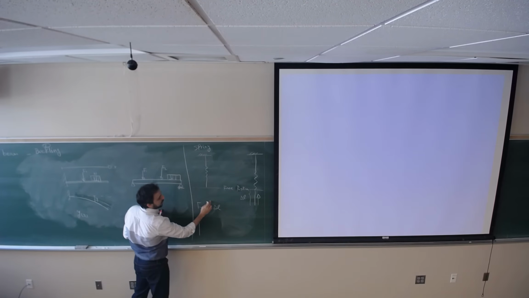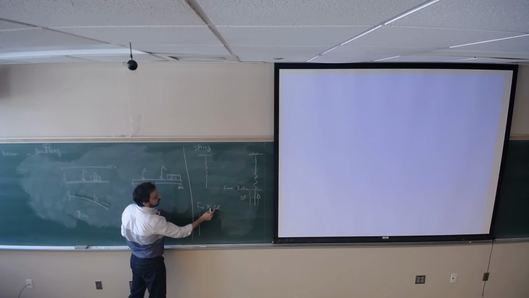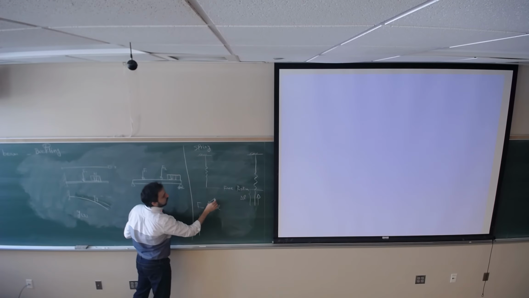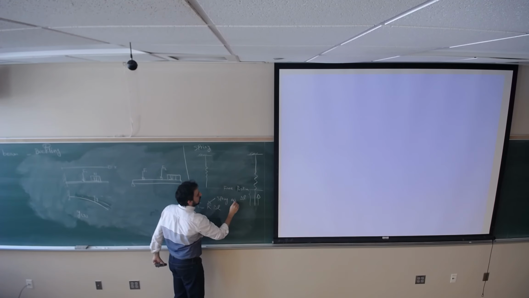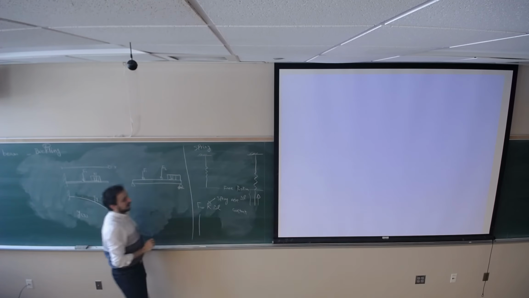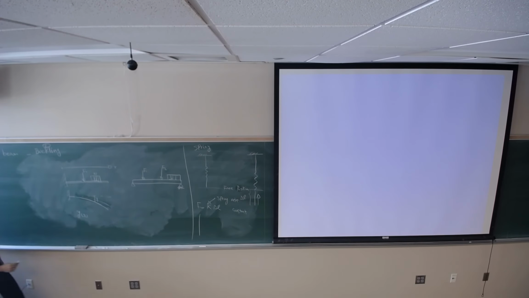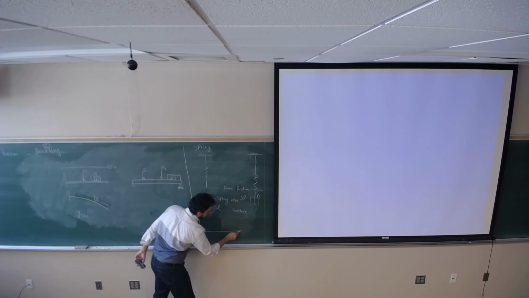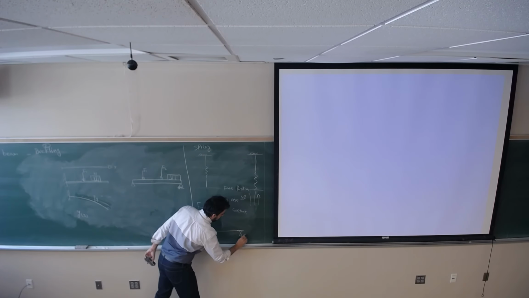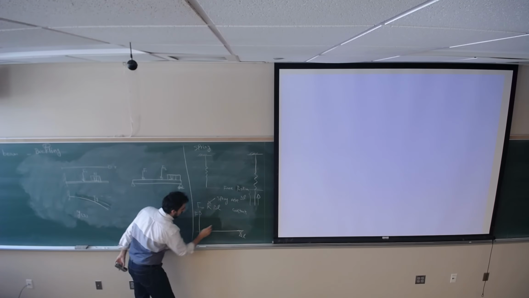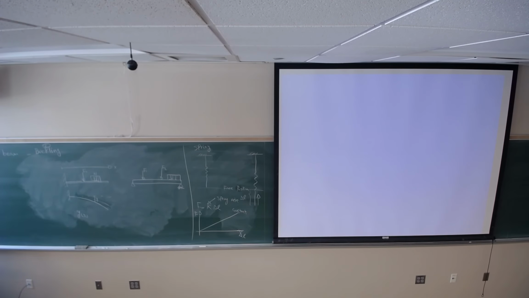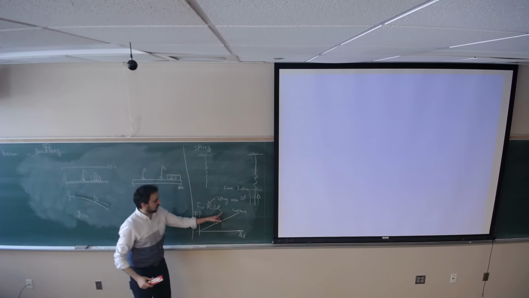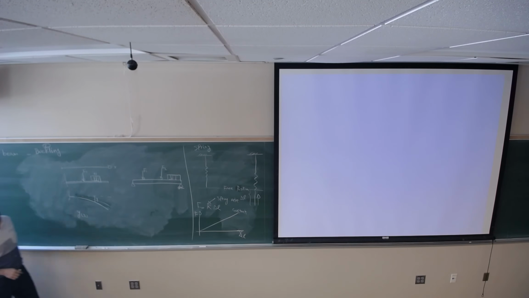You can connect these two by this coefficient that we call a spring rate or a spring constant. So if I draw the force versus the deflection, you are going to get a linear function which represents this one.